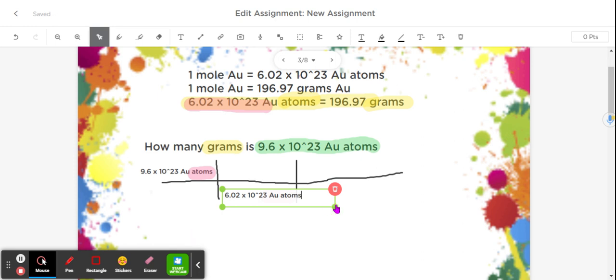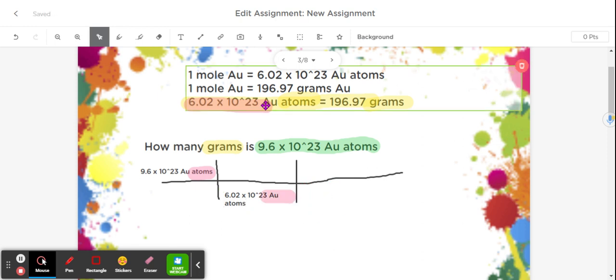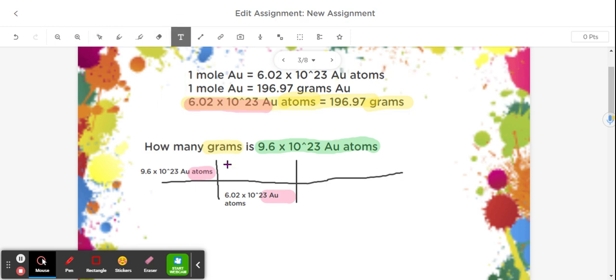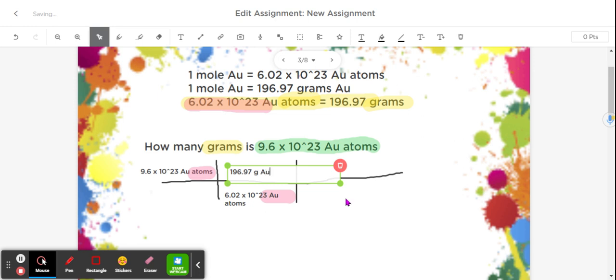That's what's going to go down there. And then the other part of our conversion factor, 196.97 grams of Au is going to go on the top.